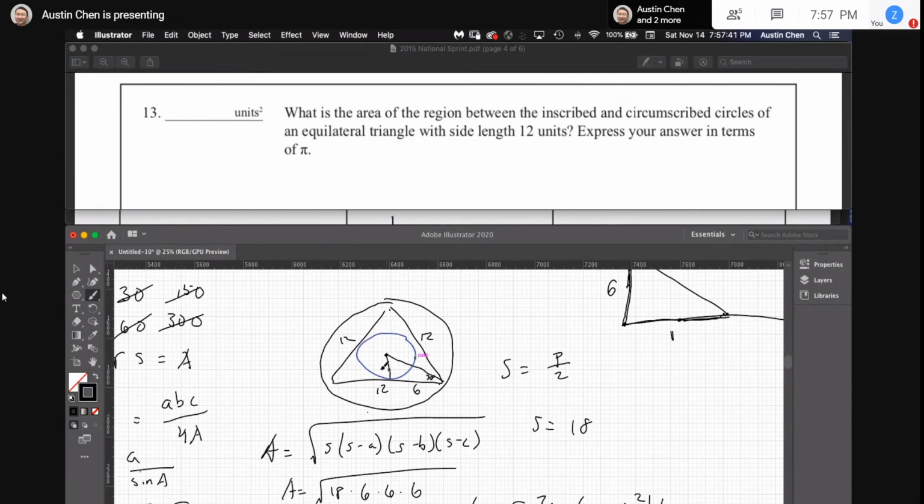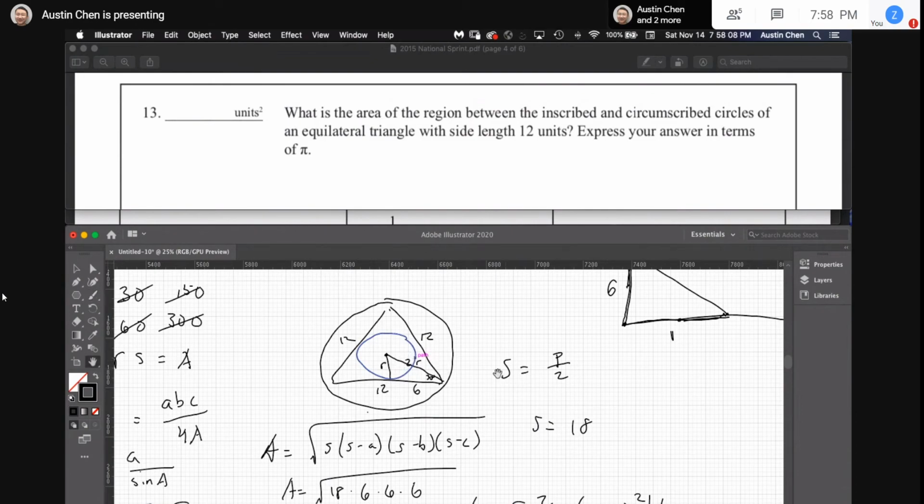If we just drop this down, and this is the inradius, we have a 30, 60, 90 triangle here, which means that this is 2r.